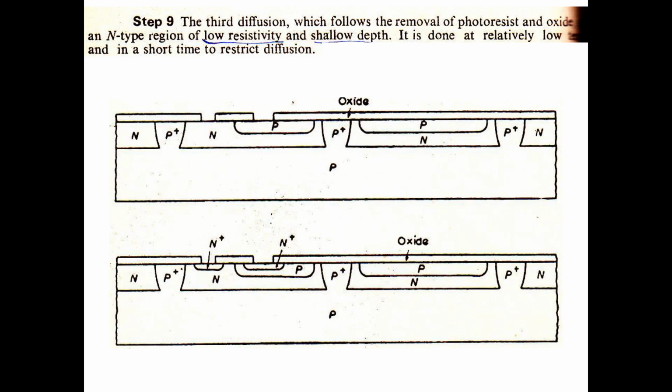So this is going to be a repetitive process, and you can see here diffusion, here diffusion, here diffusion going to take place. This forms another N plus region here.